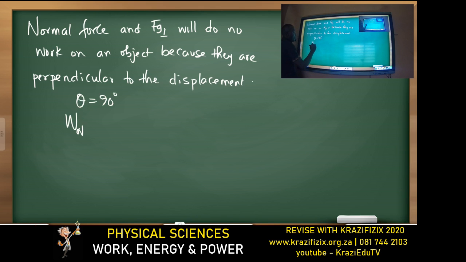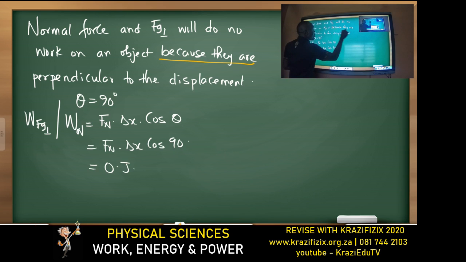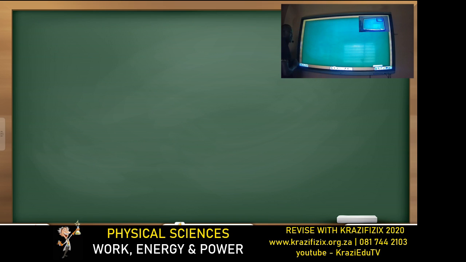So the work done by the normal force is normal force times delta x times cos theta, and with theta equal to 90, cos 90 is 0, so the work is 0. The same applies to the work done by FG perpendicular. Please take note, not FG, but FG perpendicular. Very important point.